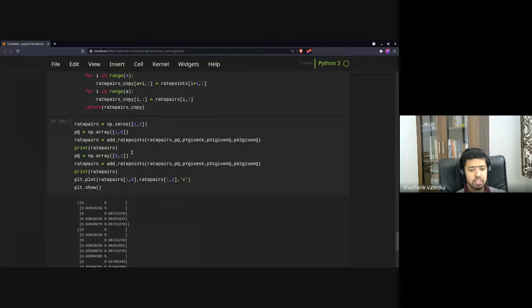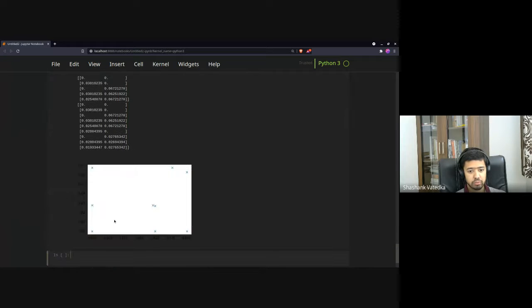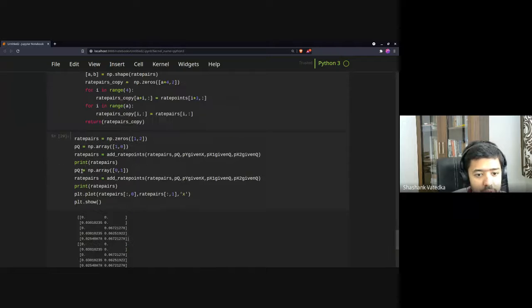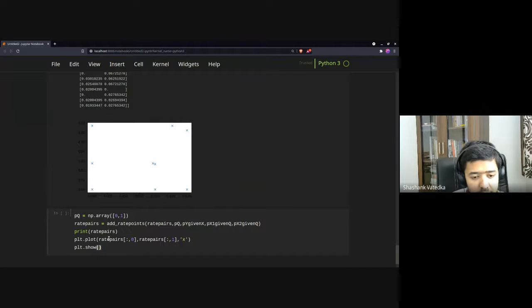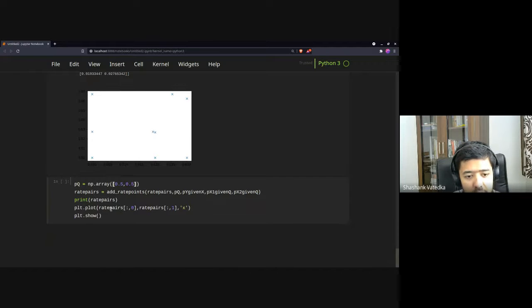But now I can keep varying Q. I can change Q to something else and then try to find out what this is going to be. So let me take some other PQ, so maybe 0.5, 0.5, and try to add these points.